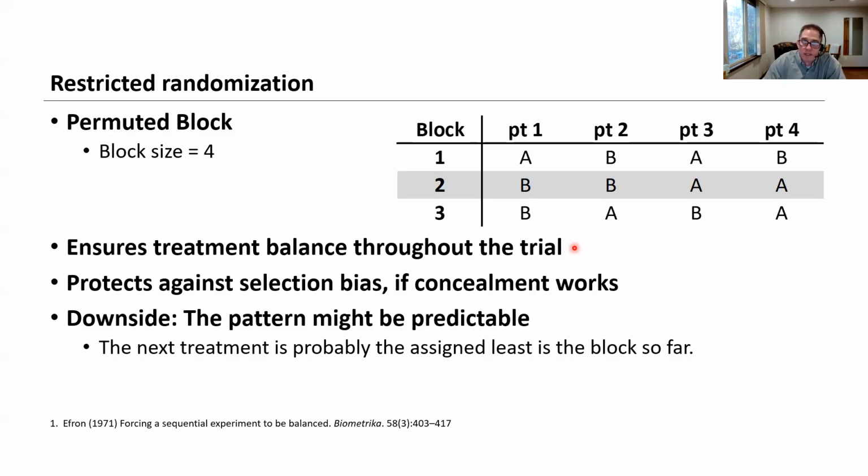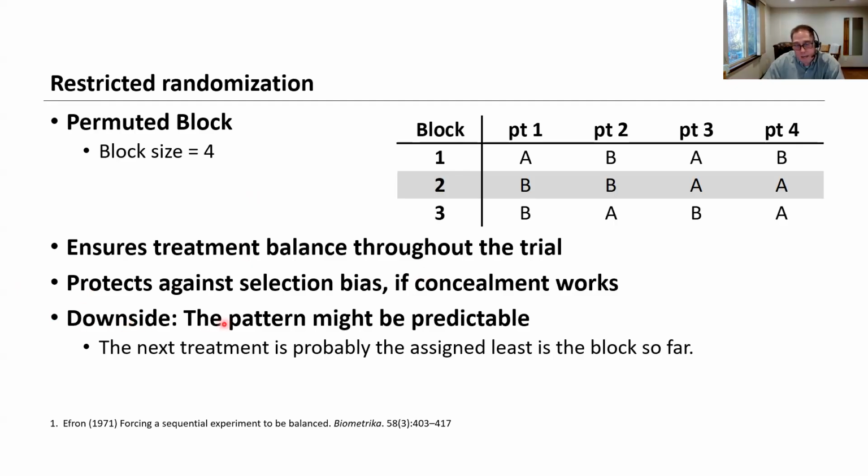If you have a large enough study, you don't really need to do permuted blocks. As long as you have randomization, in the long run, all of those balancing properties should work themselves out. This protects against selection bias if the concealment works, so that the patient does not know what arm they're going to be on at the time of randomization.